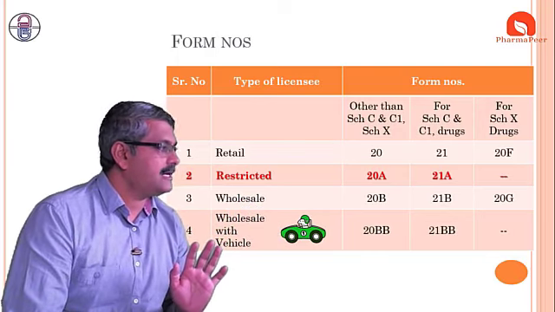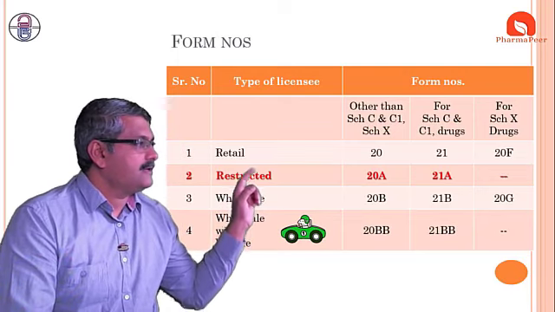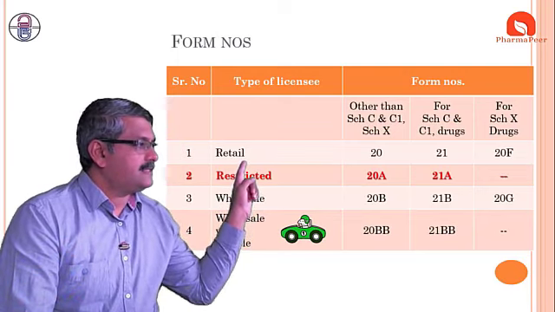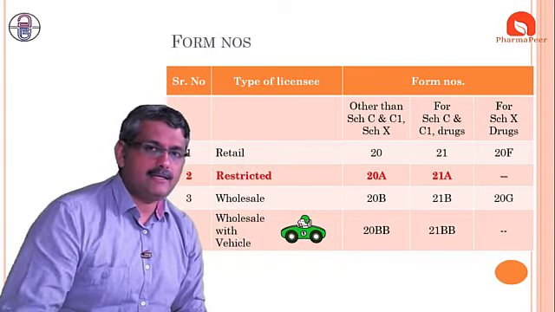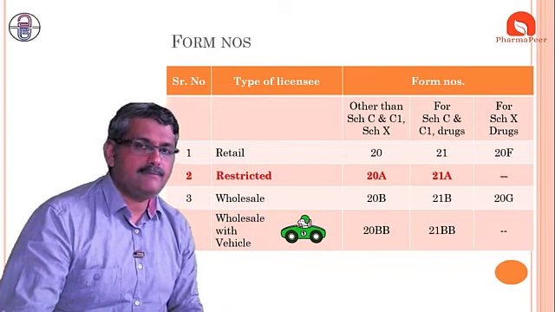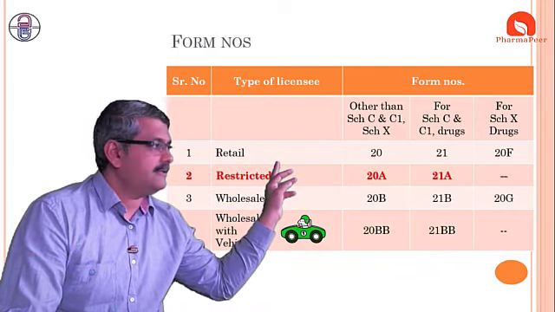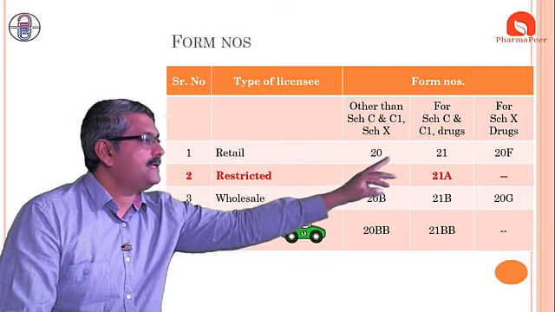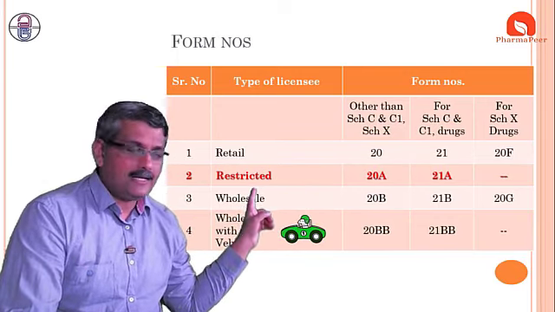So what are these form numbers? If you see here, the type of license is retail. For starting a retail medical shop, or sale of medicines at retail level, he has to use form numbers 20, 21 and 20. Second one is the restricted license.